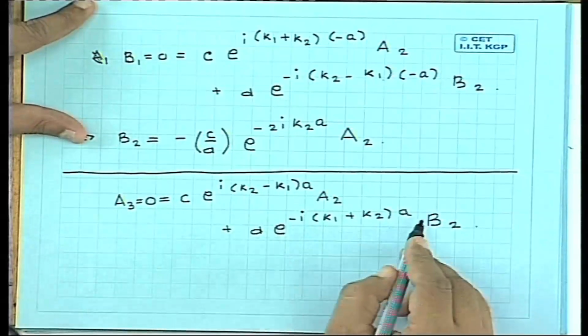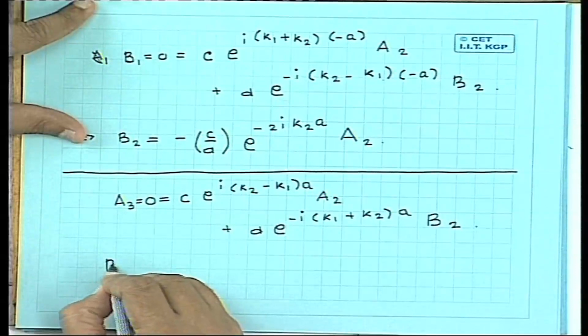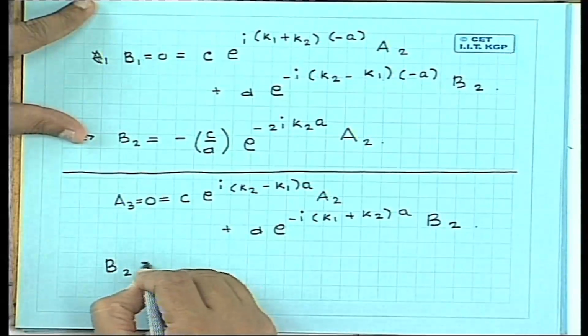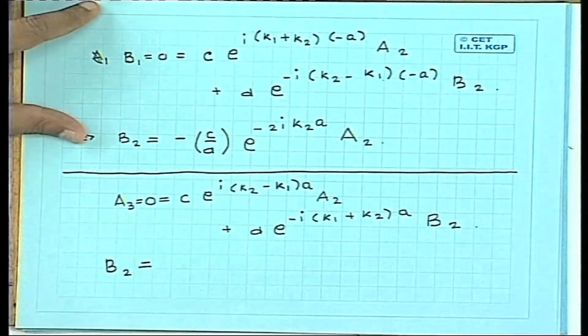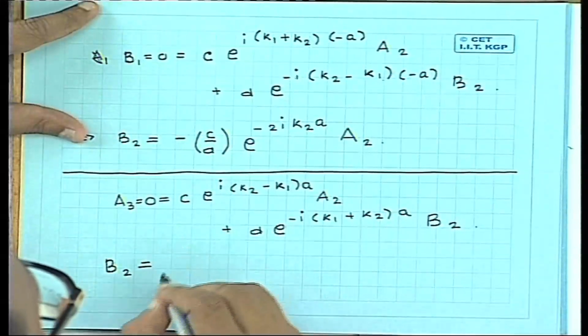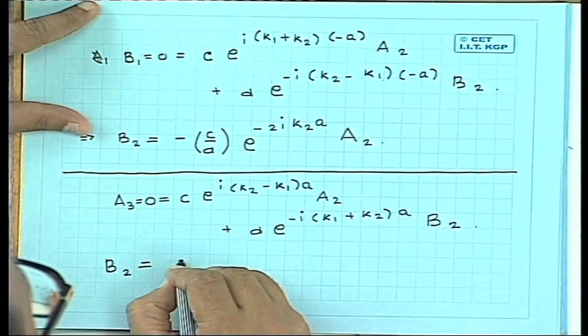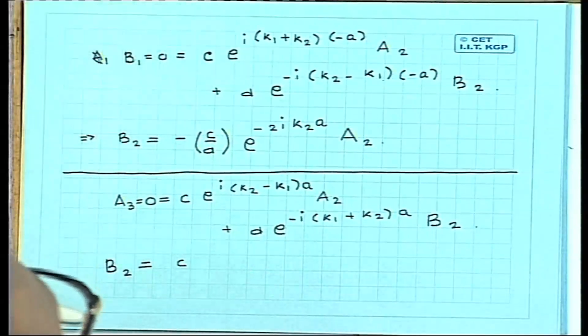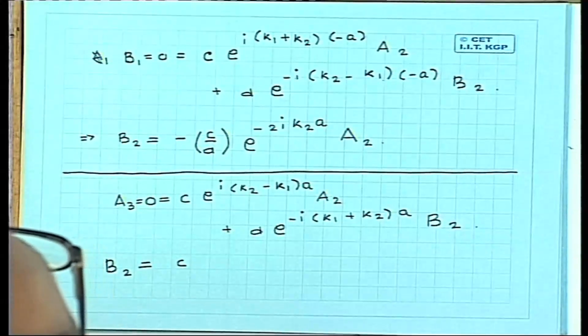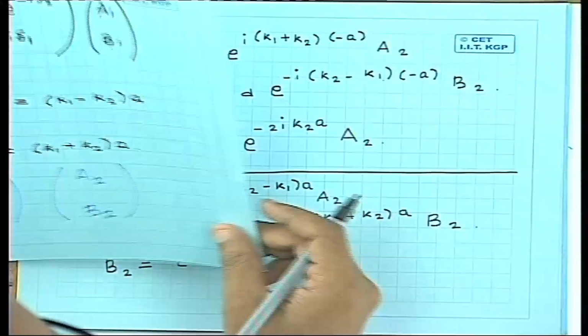Let us now again simplify B2 in terms of A2. So this tells us that B2 is equal to, oh no, there is a mistake.